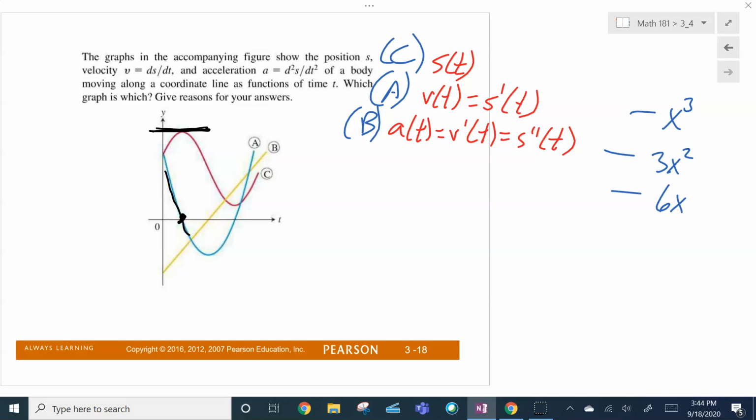And then now look at that quadratic. That's where its tangent line, the slope of its tangent, is 0. So its derivative is the yellow one. So C's derivative is right there. C's derivative is A. And then A's derivative is B. So again, CAB: position, velocity, acceleration.